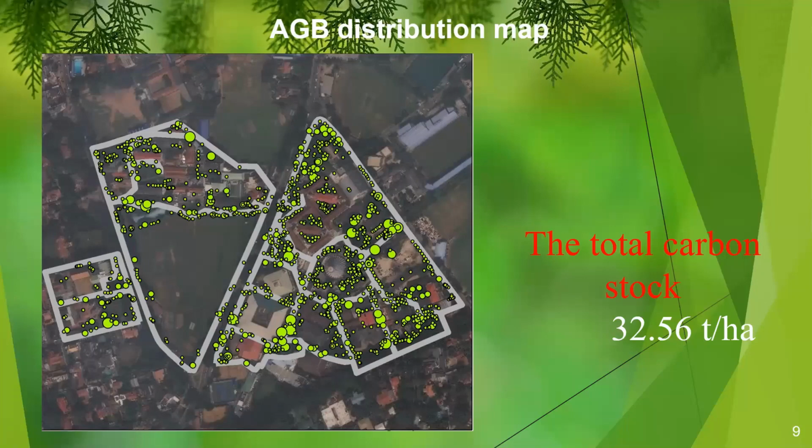With that data, we could estimate the total carbon stock within these premises, which came up to approximately 33 tons per hectare.